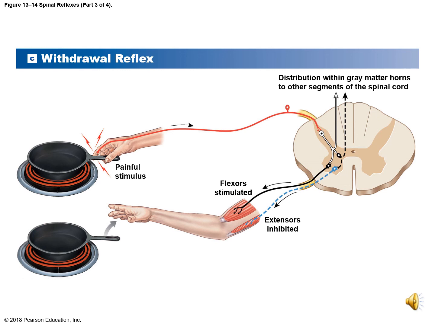In this case, we're grabbing the hot pan. It's creating a painful stimulus. That goes in and tells the muscles of the arm that the flexors are stimulated, so they flex the arm and bend it, and the extensors are inhibited on the opposite side, so the flexors can do their job, allowing you to release the pan and stop the painful sensation.